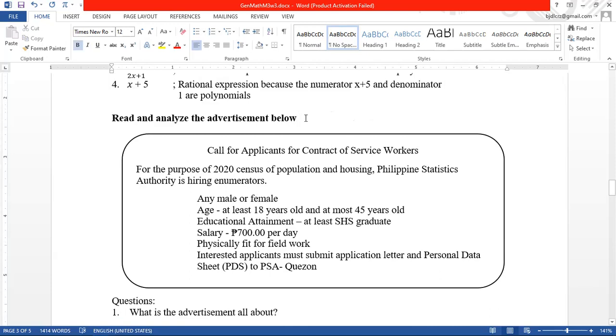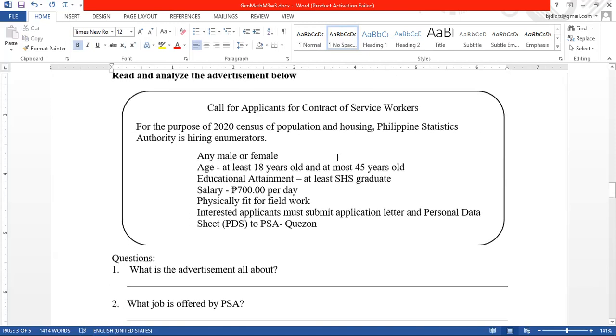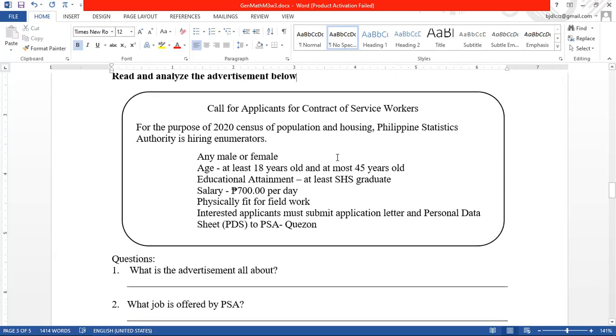Read and analyze the advertisement below. Call for applicants for a contract of service workers. For the purpose of the 2020 Census of Population and Housing, the Philippine Statistics Authority is hiring enumerators. First requirement: any male or female. Age should be at least 18 years old and at most 45 years old.